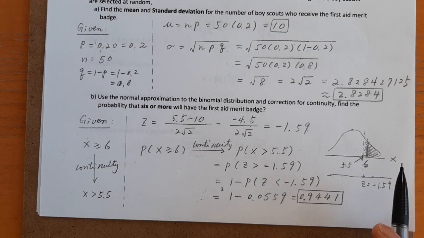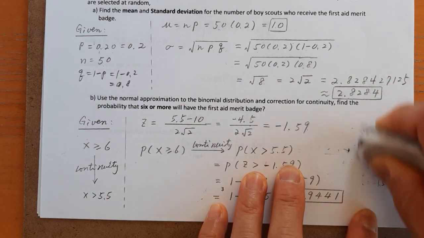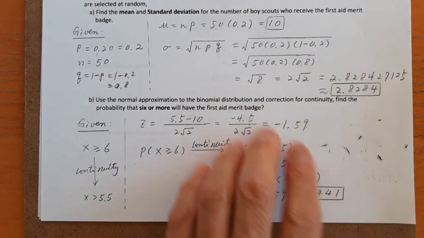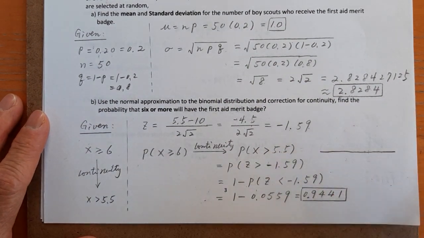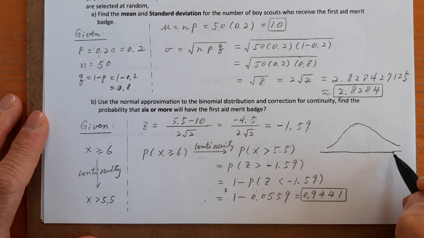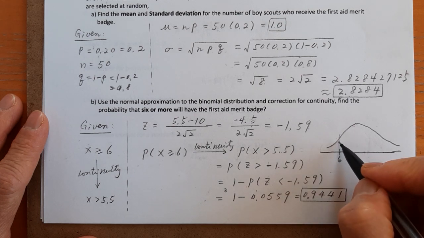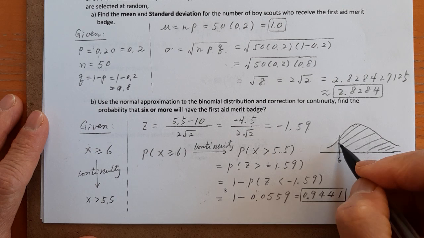Then you are looking for greater than. Because it is negative, I should draw on the negative side. The right side is positive, the left side is negative, so I should draw over here. We are looking for greater than or equal to 6, this area, but including 6.